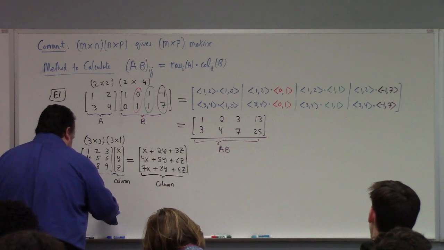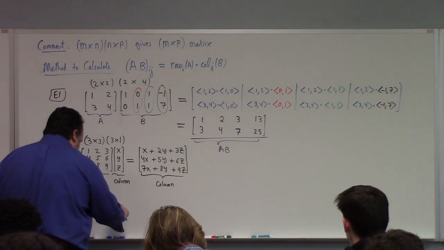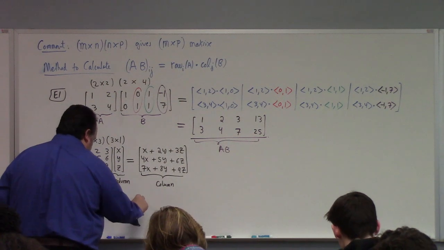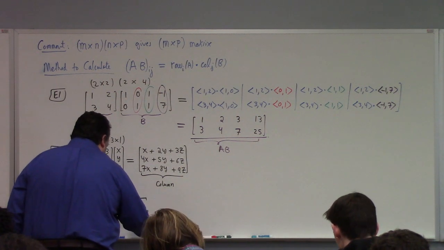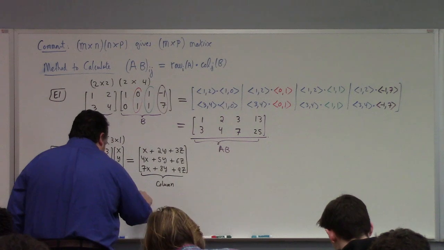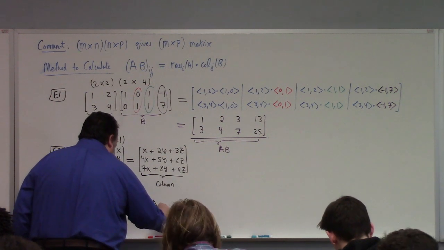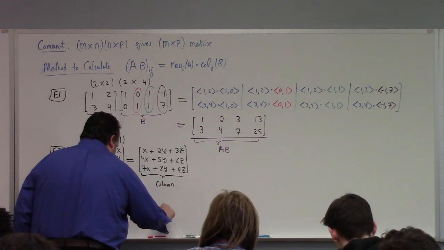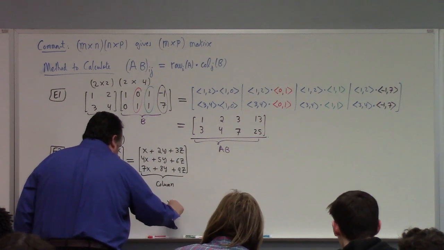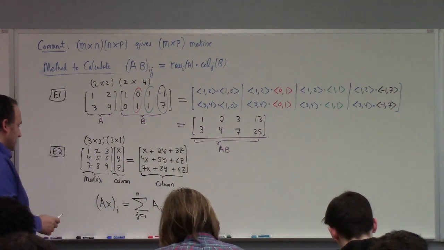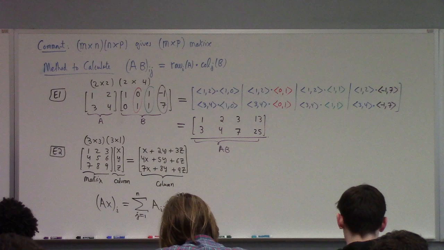If I have A times x and I want to calculate the ith component of it, that equals the sum, j equals 1 to n, of a, i, j. Well, I'm going to double check on this in just a second. We'll decide whether or not that formula is right. Is that right?